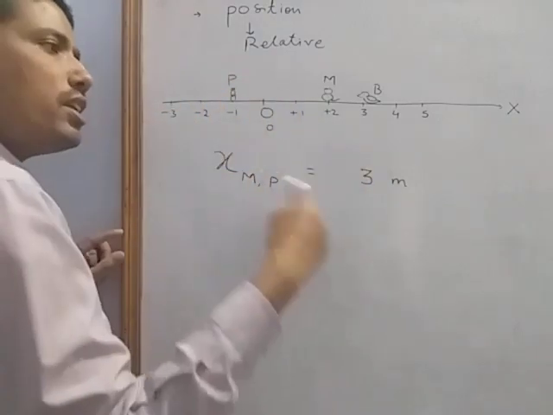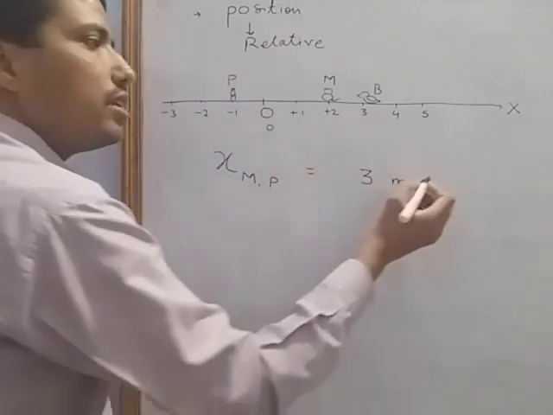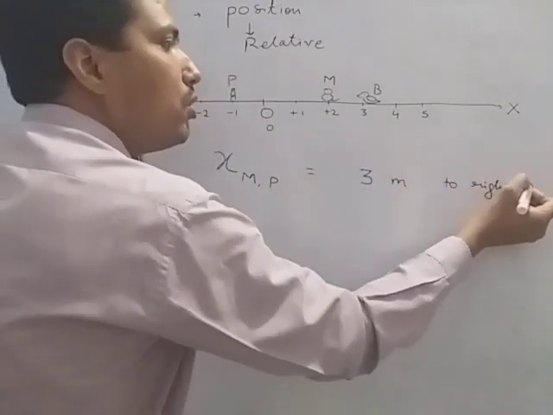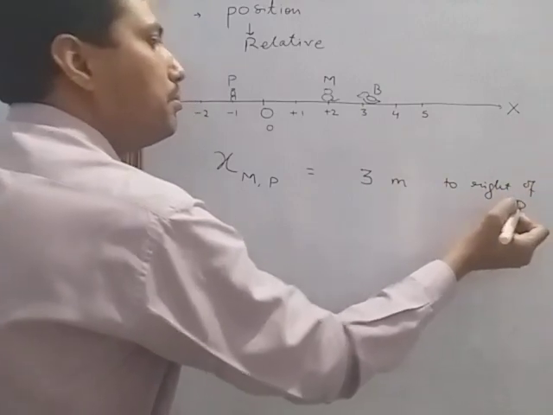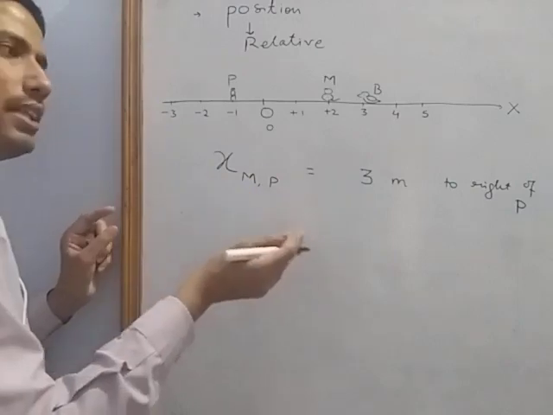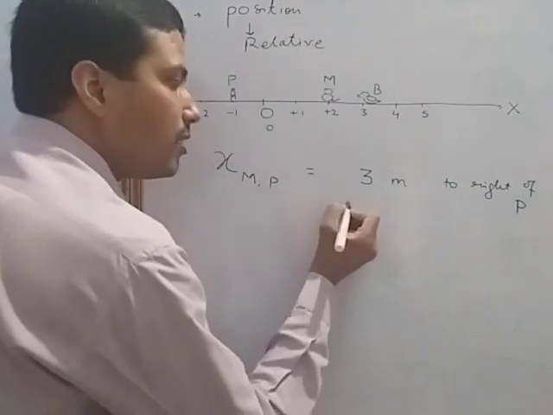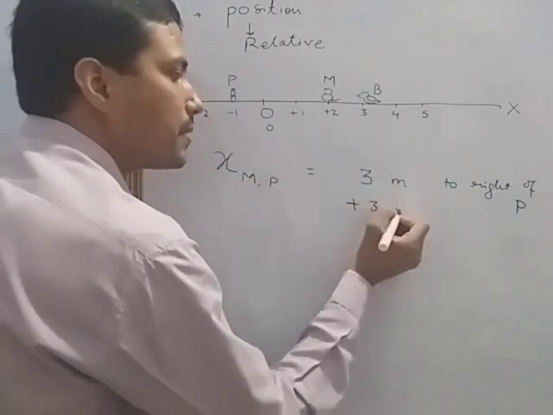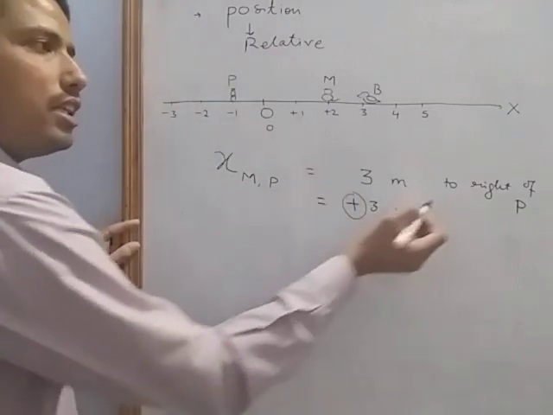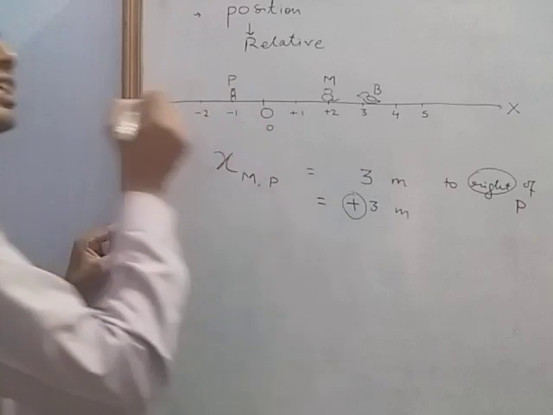To the right or to the left? It is to the right. So I'll write it as to the right of P. Instead of writing 3 meters to the right of P, I can also write it as plus 3 meters, where the symbol plus is for the term right.